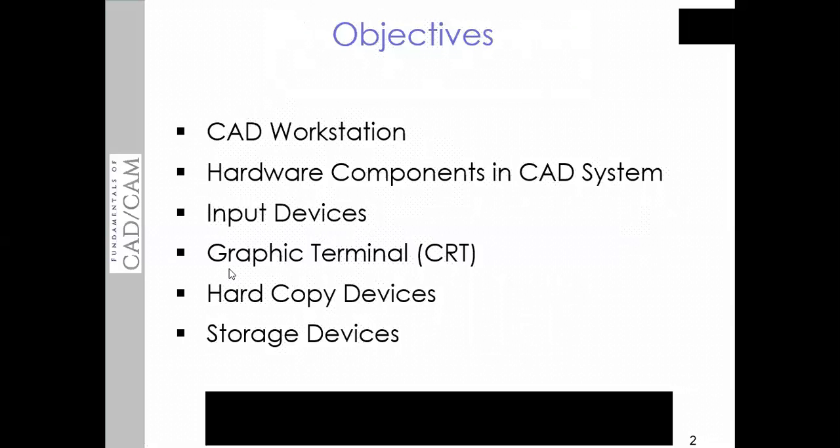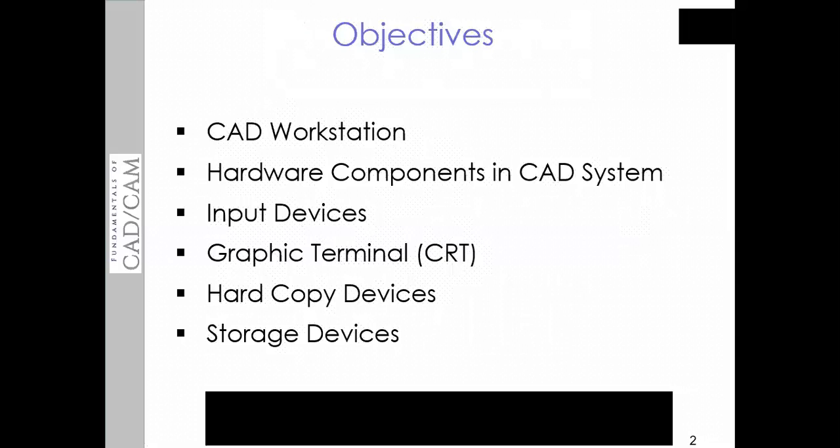We will also see the graphic terminal, which we call a cathode ray tube. We will discuss how the CRT works in detail. Then we will see the hard copy devices used in the CAD workstation to get the output in the form of documents.